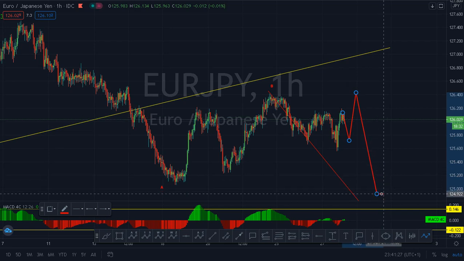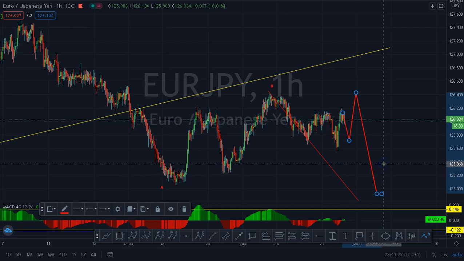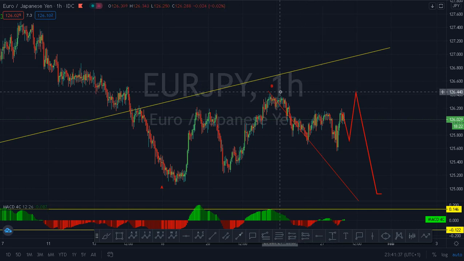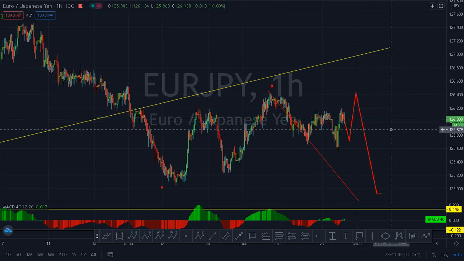Nevertheless, the message there is that from what I see on the 1 hour chart, if your stop loss is here, the market can kill your stop loss and turn back.